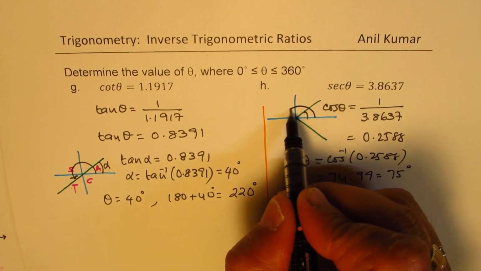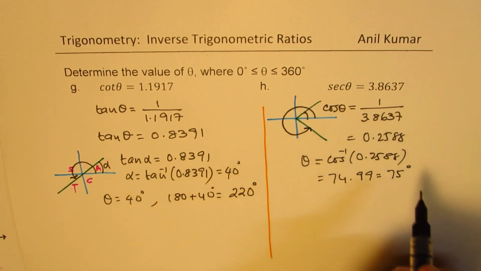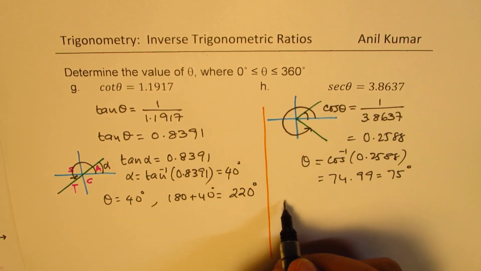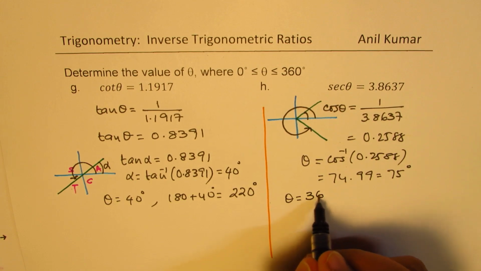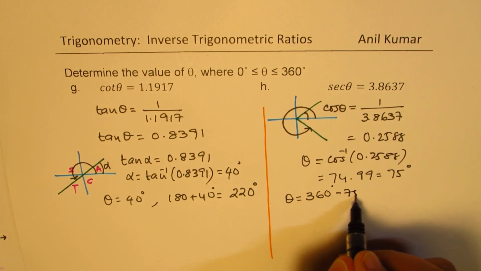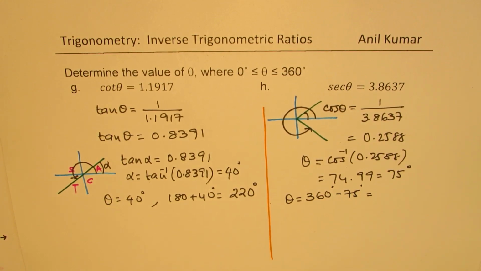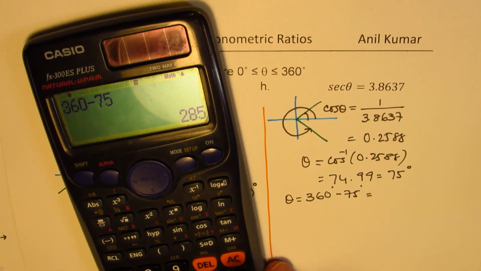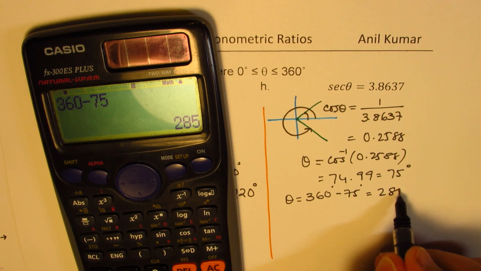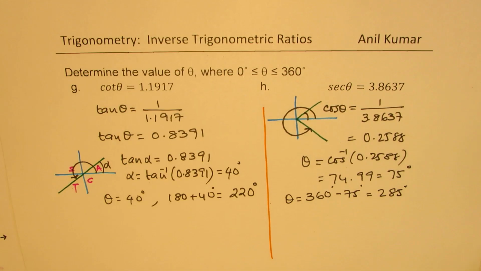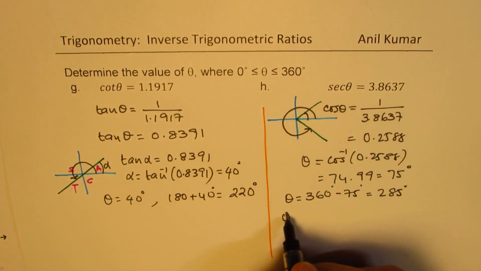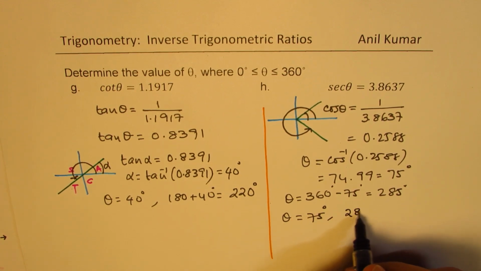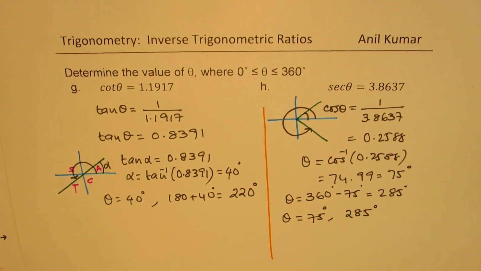The other one is 360 degrees minus 75 degrees, correct? So 360 minus 75 gives the answer 285 degrees. So for the given condition, we know theta equals 75 degrees or 285 degrees. Is that correct?